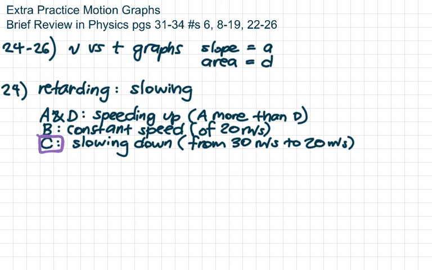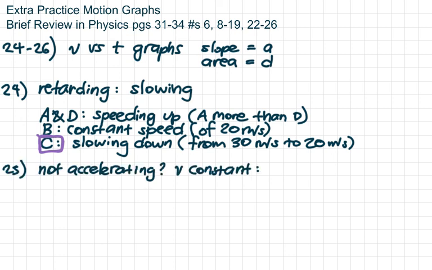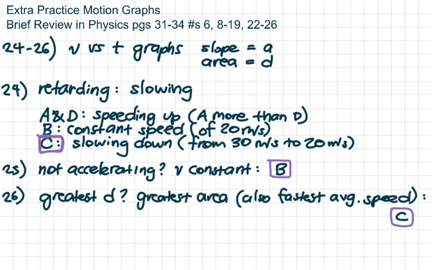So that would be C. Next question, 25 wants to know which one was not accelerating. That would be where the speed is constant. That would be B. And the last one, 26, which one traveled the greatest distance over the 3 seconds? That would be the greatest area under the curve. Also the one that has the fastest average speed, that would be C.